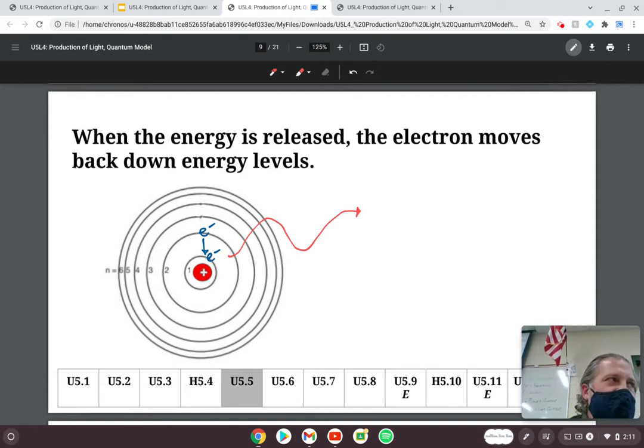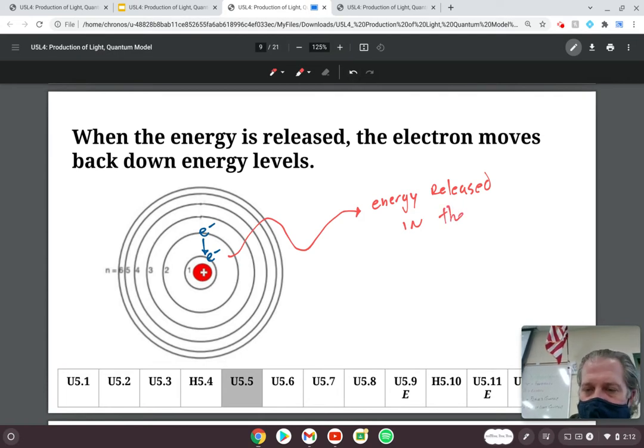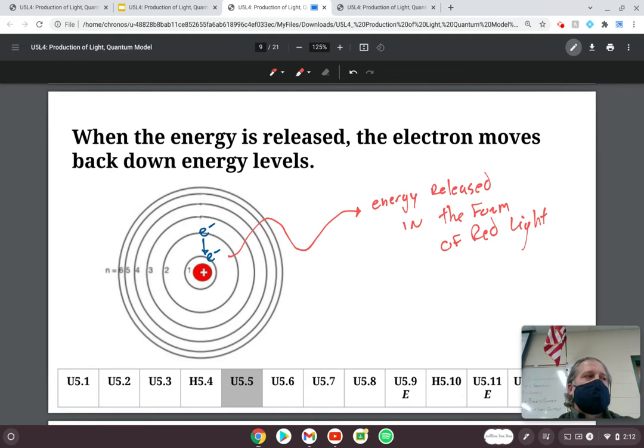And that energy that it released is given off in the form of red light. So the electron went from its ground state to its excited state. It wasn't a very big jump, but it still went up to its excited state and then came back down to its ground state in the form of red light.